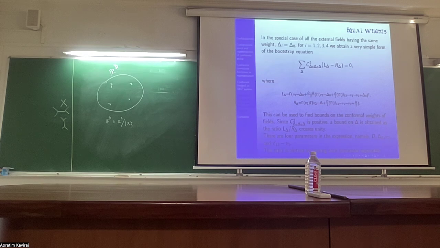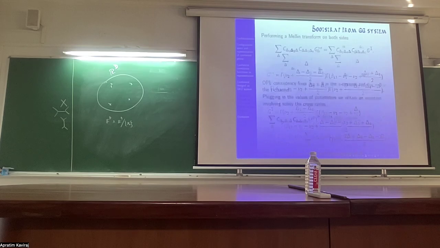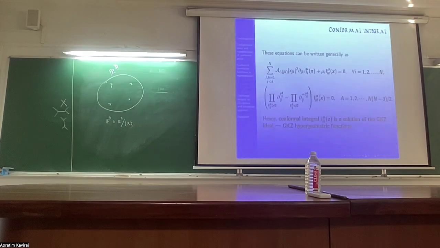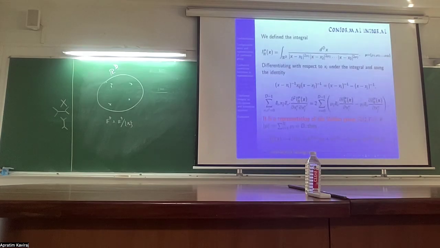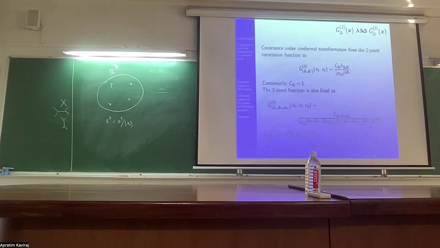Do you have time for more questions? I really don't know anything about it, but what about the 3-point correlations? Can you say something about 3-point? I see. They are conformally covariant combinations.